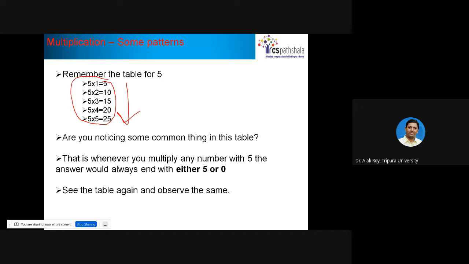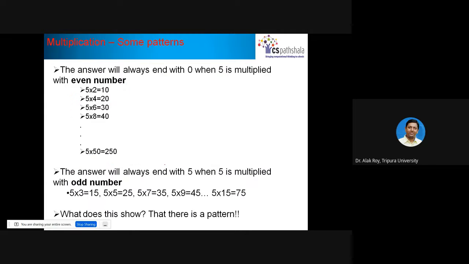So the pattern is, in the table of 5, are you noticing some common things in this table? Whenever you multiply any number with 5, the answer will always end with either 5 or 0. If you multiply 5 with an even number, it will always end with 0.